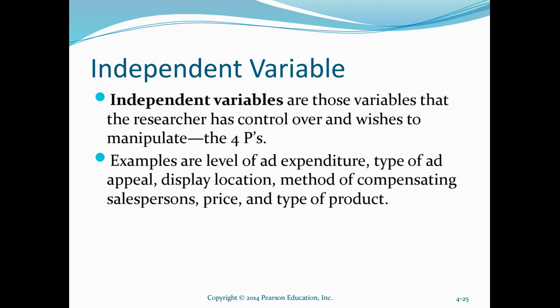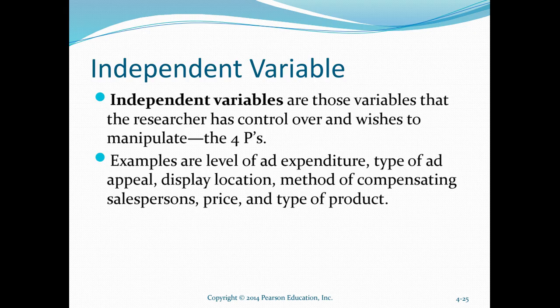Independent variables are those variables that the researcher has control over and wishes to manipulate. For example, the level of ad expenditures in marketing, the type of advertisement appeal that we design, display locations, methods of compensation, salespersons, or price and types of the product.